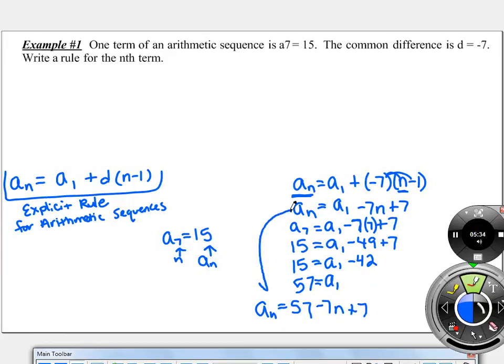I'm getting it from right there. Okay? But I can combine a couple of like terms to make that simpler. The 57 and the 7 can be combined together so that my final version of this rule would say the nth term can be found by doing negative 7n plus 64, or 64 minus 7n.